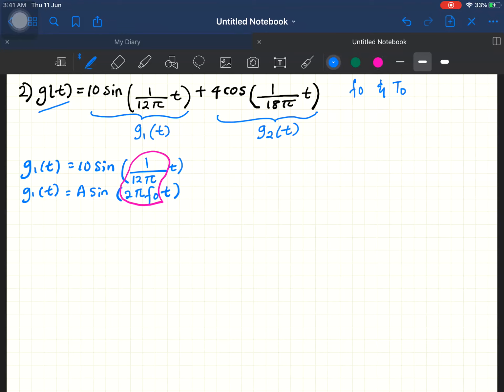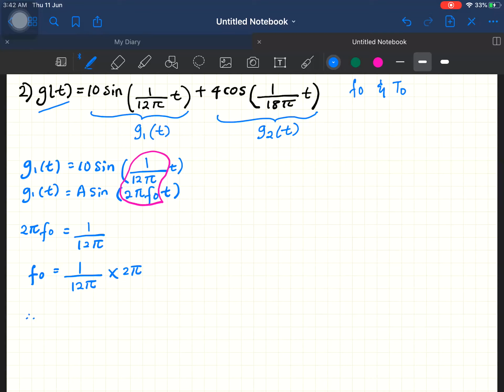Again we can make this part equal, so you will have 2 pi f naught equals 1 over 12 pi. So you have f naught equals 1 over 12 pi multiplied by 2 pi.